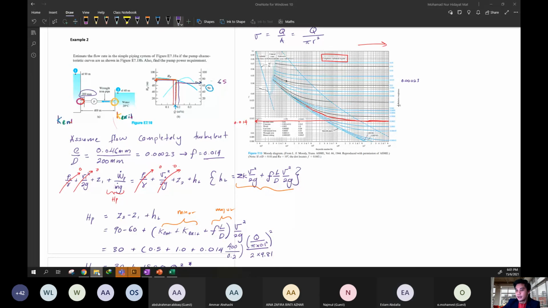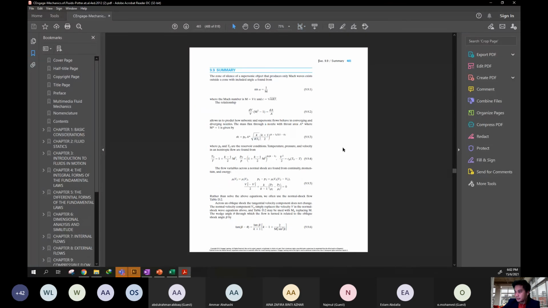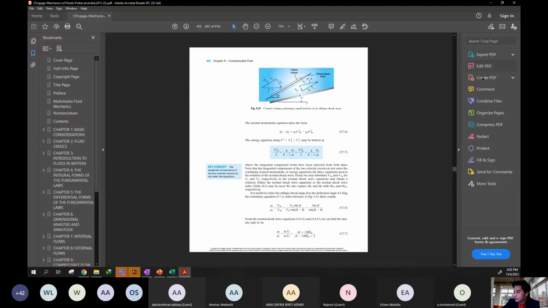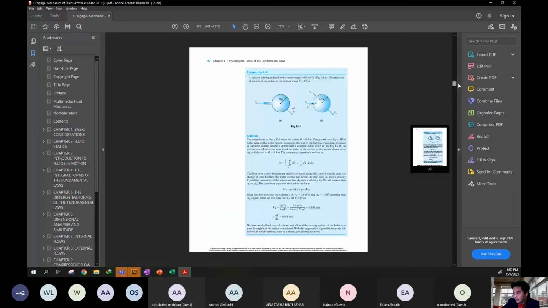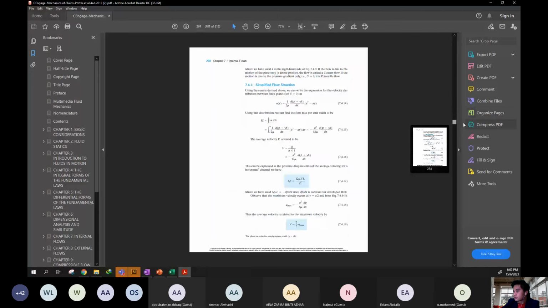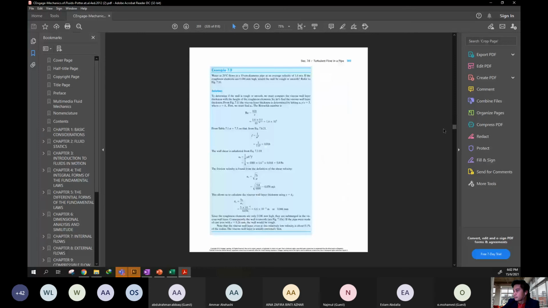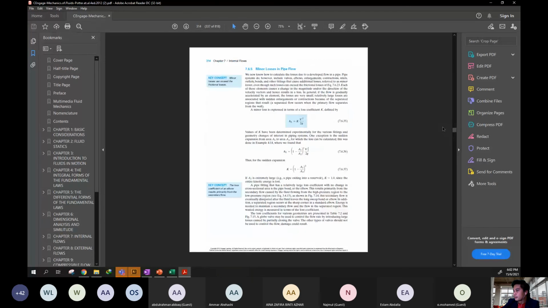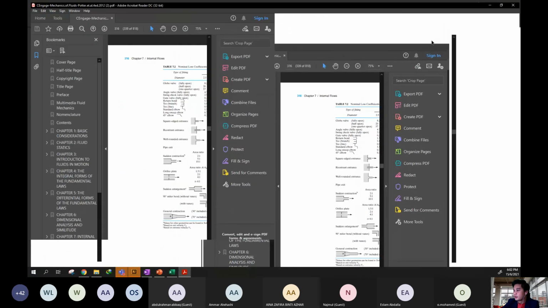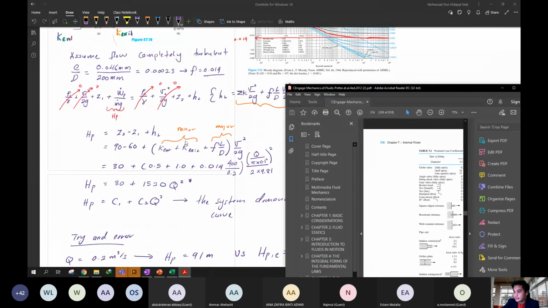Yes, the table. I advise you, during the exam they will give you the table, for example this one, but you must carefully choose the value of K. You can see our K entrance and K exit here.